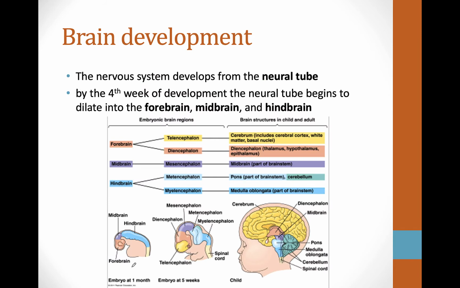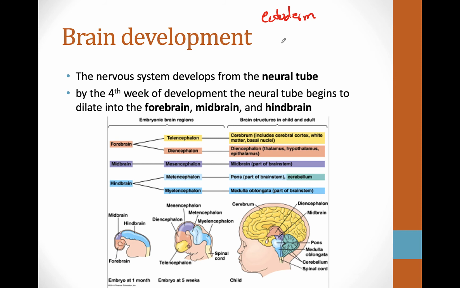Our brains develop from the ectoderm, the outermost embryonic tissue layer, which also develops into the skin and the outer covering of our body. As you develop, it forms what's called a neural plate.